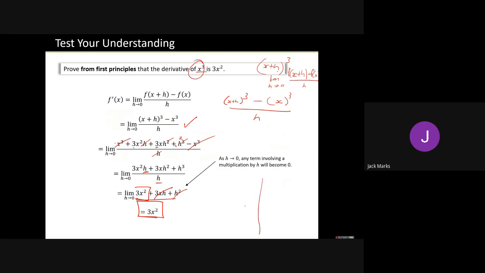In other words, if you want to know the gradient at any point of an x cubed graph, take your x value. Let's pretend this is -2, for example. Plug it in here. So 3 times (-2) squared. What's that going to give me? It's going to give me 12. It's positive, so positive seems right. The gradient at that particular point will be 12.